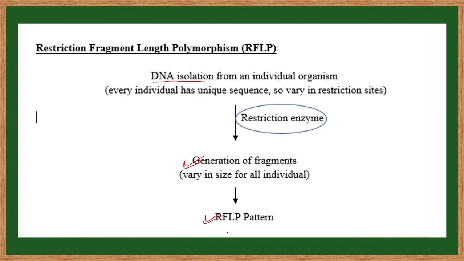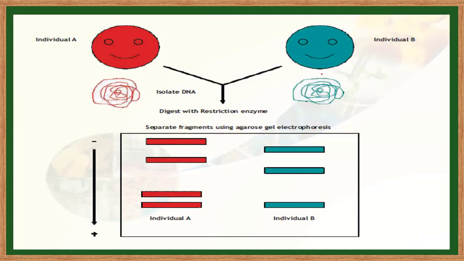Here is one diagram with two individuals: isolation of complete DNA, formation of different size fragments, then electrophoresis and formation of bands, and according to the bands we can identify the relation between two individuals. This is called RFLP.